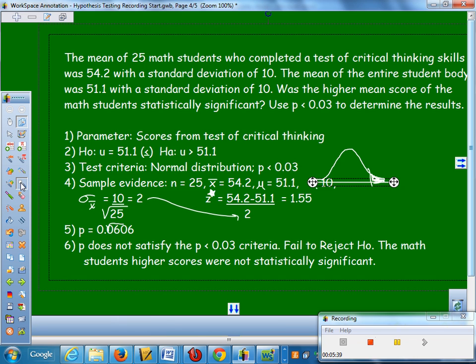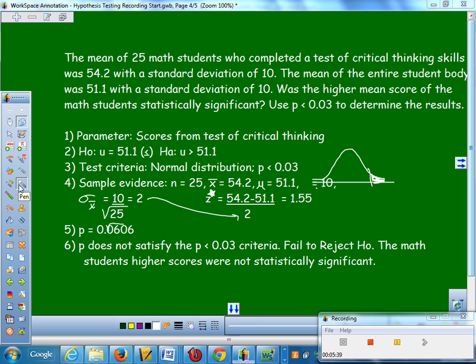Since we know our z-score is 1.55, we simply need to go to our table and look up, once again, a z-score of 1.55. Go to column C, and you're going to be looking for this value. Going over to column C, you'll discover that you get 0.0606. So our probability that this happens is about 6%.